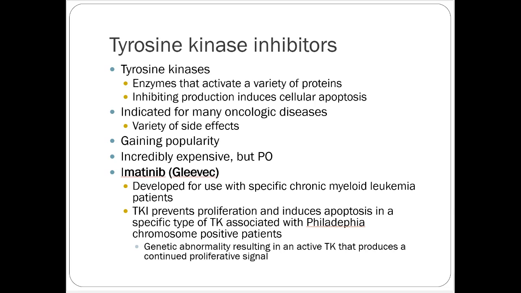So it's got this very niche indication, but what they found with tyrosine kinase inhibitors is they can really design them to be very specific for certain areas. So Gleevec has a lot of other indications, so it doesn't only work with this specific one, but this is what it was developed for. Now we're seeing it useful in a wide variety of cancers that aren't necessarily even related to leukemia.